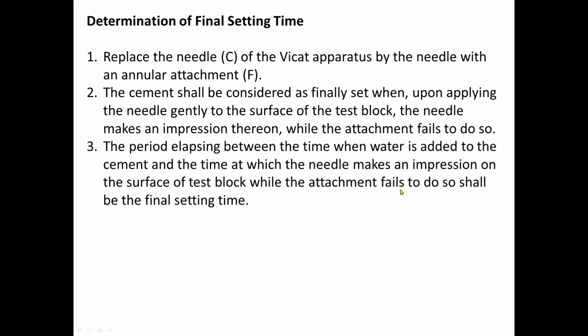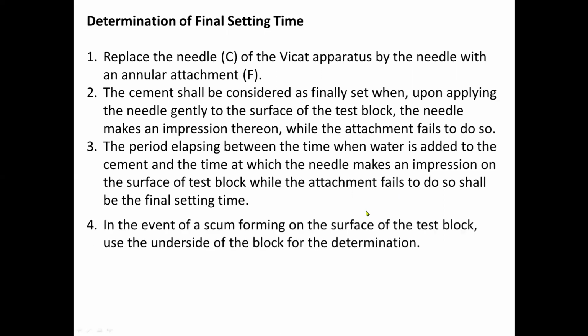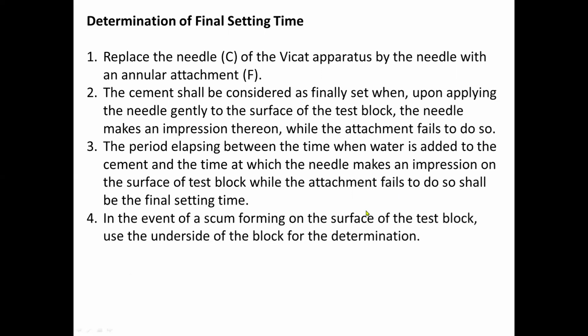The period elapsing between the time when water is added to the cement and the time at which the needle makes an impression on the surface of the test block, while the attachment fails to do so, shall be the final setting time. In the event of a scum forming on the surface of the test block, use the underside of the block for the determination.